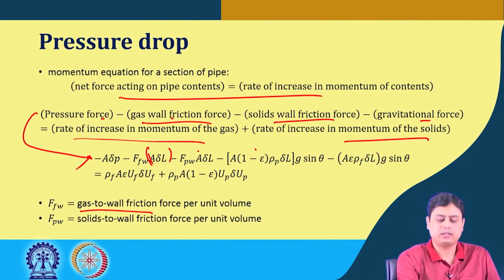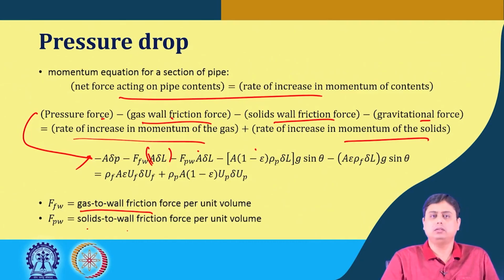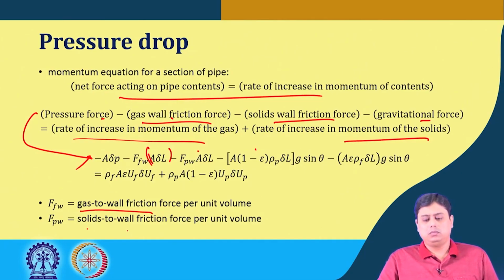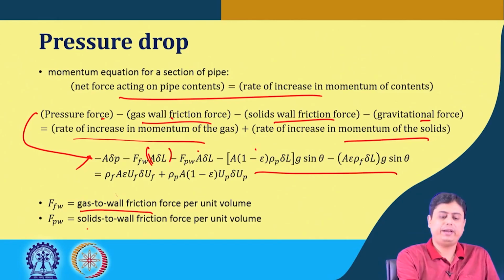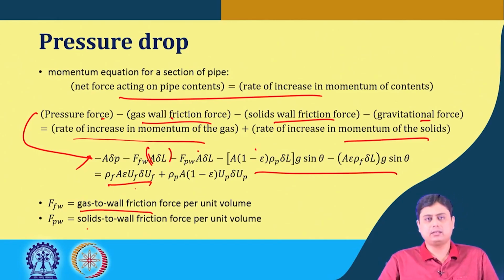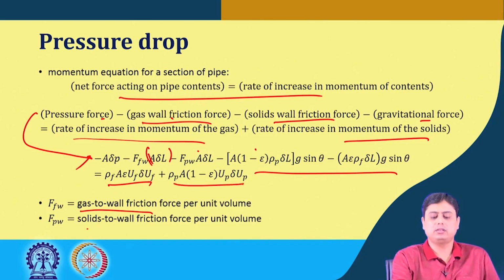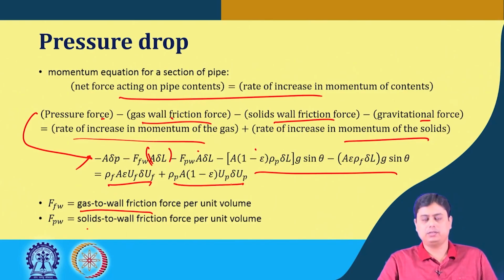This PW stands for the particle and wall, or the solids and wall friction force per unit volume. And this is the gravitational force that is acting on the gas and the solid content, which is the rate of increase of the momentum of gas plus the rate of increase of momentum of solids.